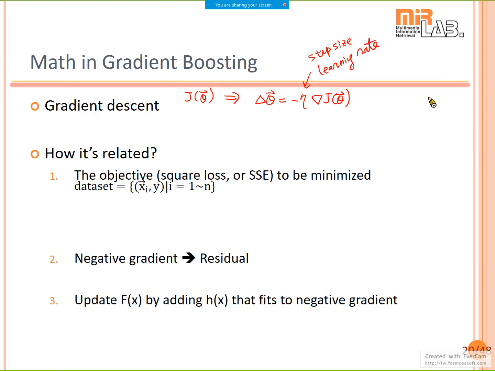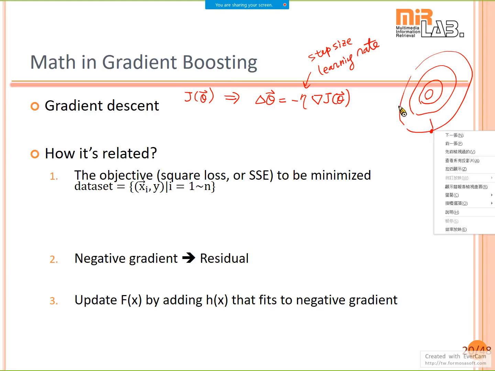So if you plot the contour of the objective function, at this position, this is theta, then the negative gradient will be like this, along this direction, along this direction, along this direction.